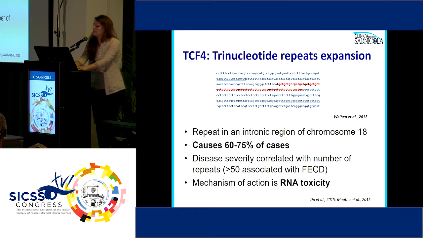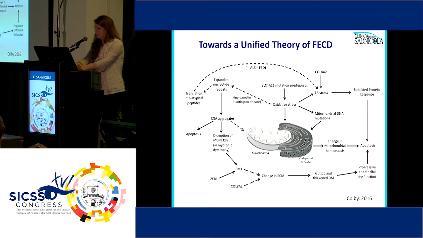But this mutation can cause about 60 to 75% of cases in the Caucasian race, and the length of these repeats is related to the severity of the disease as well as to the higher risk of needing a graft.